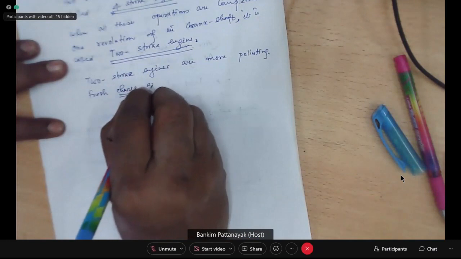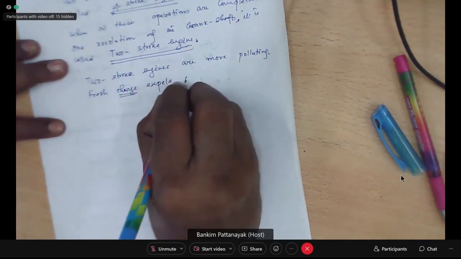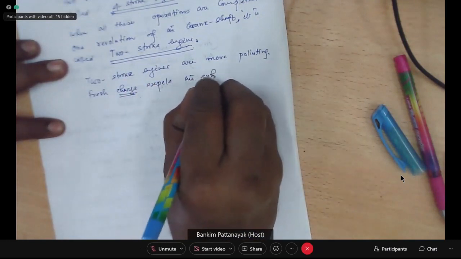Fresh charge actually expels the exhaust gases.